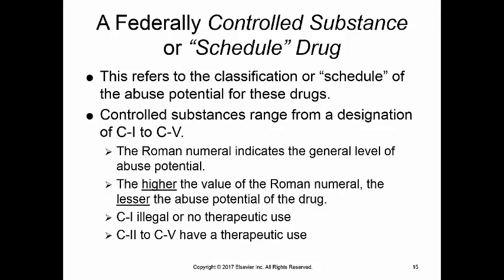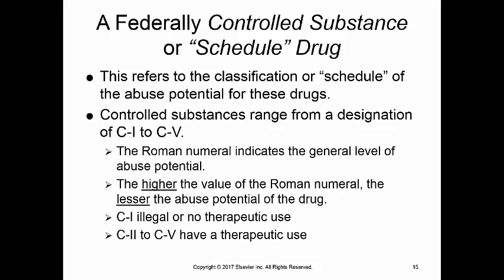For a veterinarian to prescribe or procure these, they have to have a federal DEA license. C2 are going to be your strong narcotics, things like morphine and fentanyl, and certain anabolic steroids such as Winstrol.